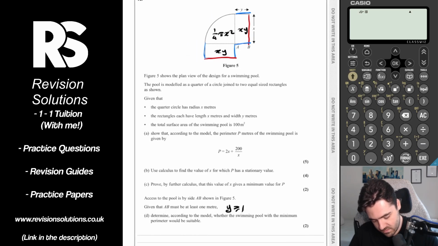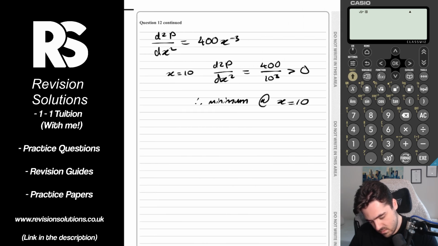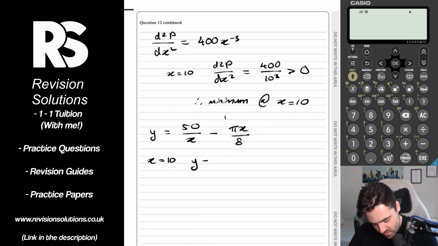So we need to just go to our value for y. Well, we had the equation for y from earlier, so let's copy that over. That was our equation for y. Let's see what this is doing when x equals 10. Well, we get y equals 50 over 10 minus pi times 10 over 8.